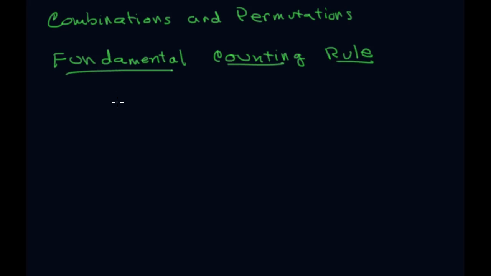It says that if I have a sequence of two events, and the first one can happen m ways, and the second one can happen n ways, then the number of ways that these two events can occur is m times n. So like, if I flip a coin, it can happen 2 ways.